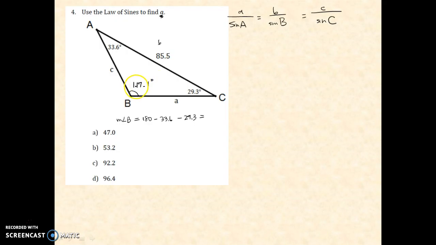That means degrees. Alright, so I'm setting this up. I've got my side B and my angle B, so that's going to be like my Rosetta Stone that unlocks all my other answers.